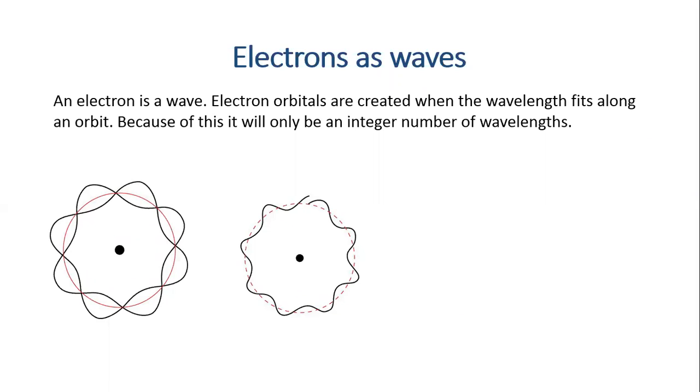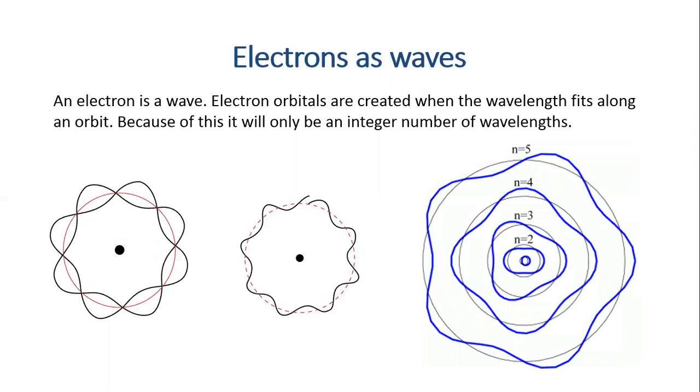We can see that this has constructive interference, so the wave is going to continue around. Now, the one on the right, we can see that the wave our electron is traveling along has destructive interference because it does not have an integer number of wavelengths.